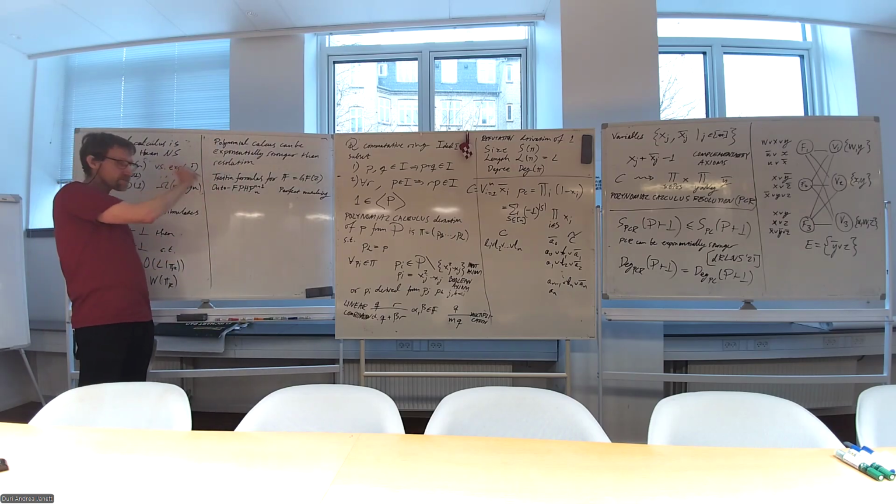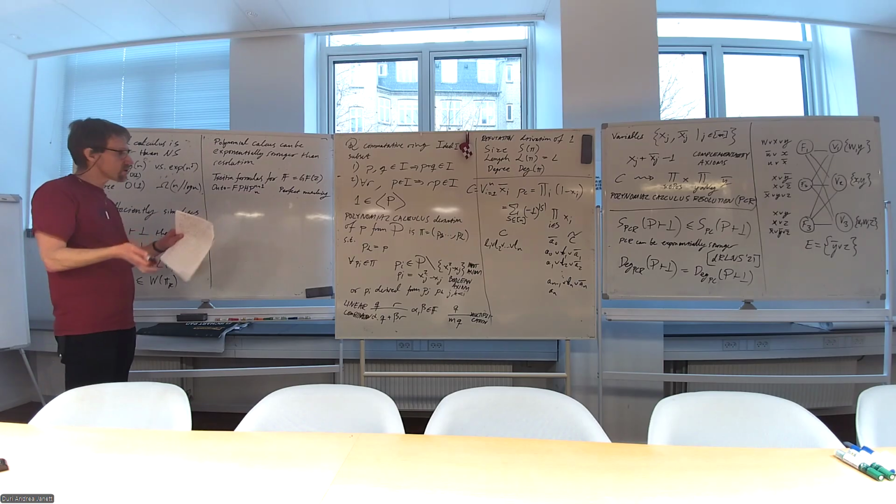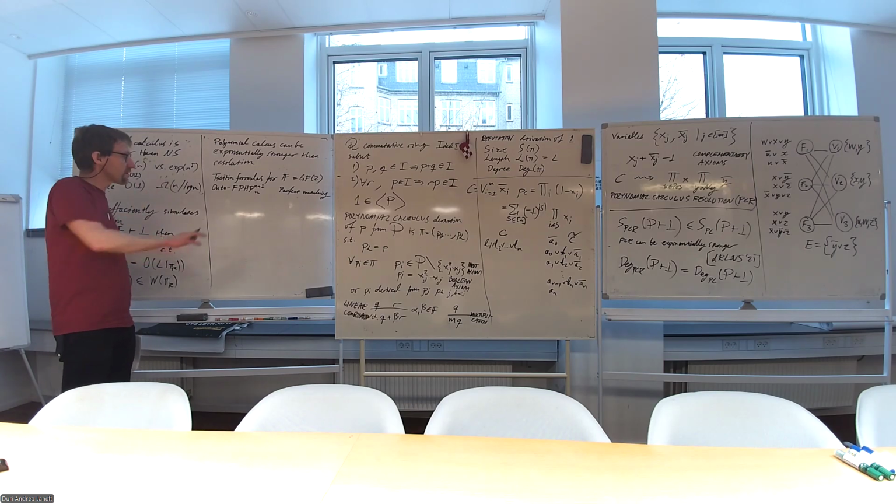These are formulas that are exponentially hard, saying to resolution that I have a bipartite graph, n plus 1 vertices on the left, n vertices on the right. There's a perfect matching. Resolution takes exponential time to figure out that this is not the case.